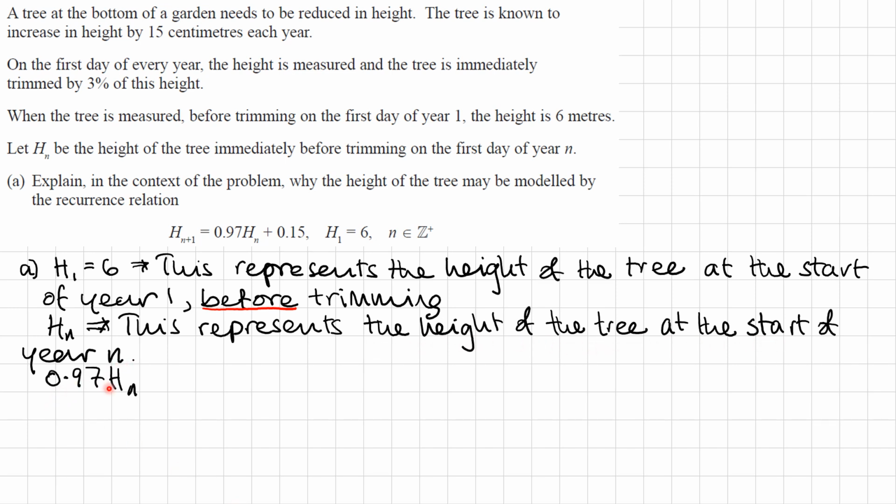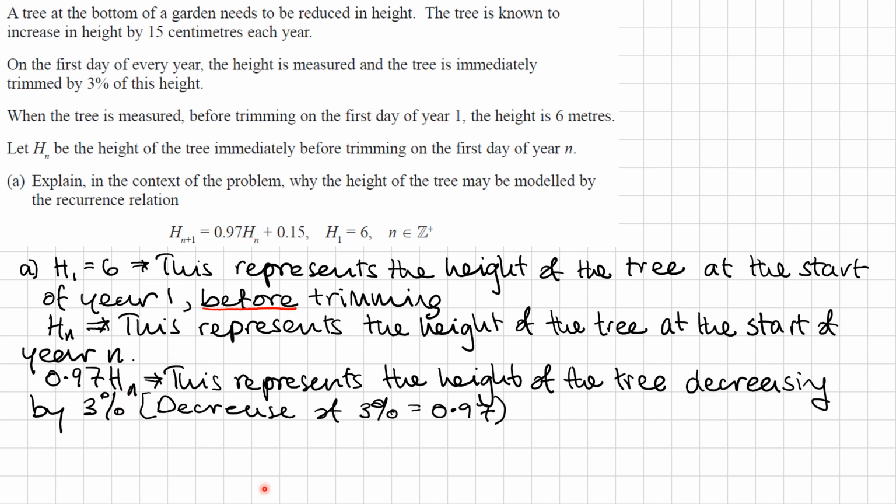Then 0.97Hn, so that's this bit here. This represents the height of the tree decreasing by 3%, because for a decrease of 3%, the multiplier would be 0.97. Then next, the 0.15, which is here. I've underlined each one just to make it easier to see.